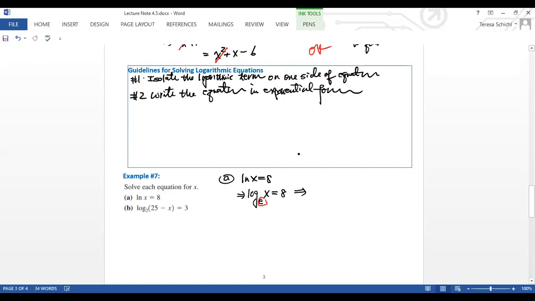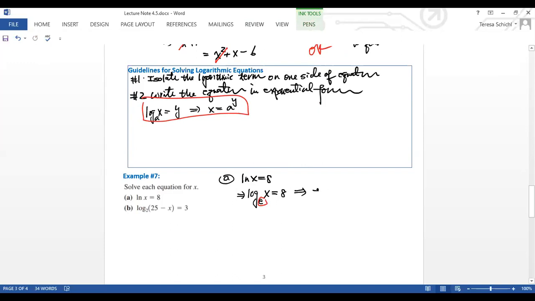Do you remember we said y equal to log base a of x, that means x equal to a to the y, right? This is what we did when we started section 4.3. We said this is how we define the logarithm functions. Okay, so now we change this to the exponential form.